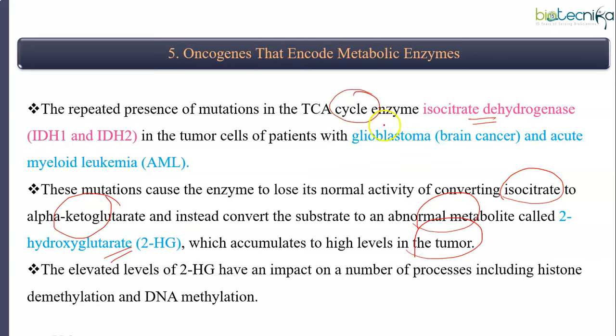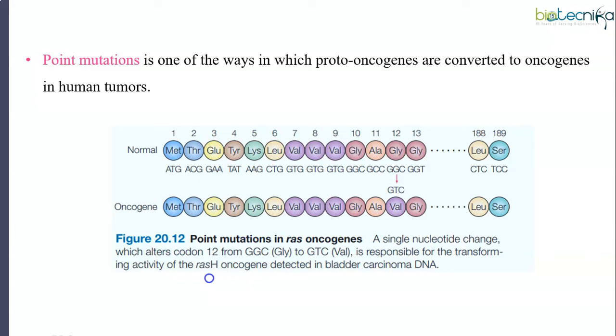Such accumulation was seen in patients with glioblastoma as well as acute myeloid leukemia. These high levels of 2-HG have an impact on a number of processes that include histone demethylation and DNA methylation. That means basically somewhere they are affecting the epigenetic state.